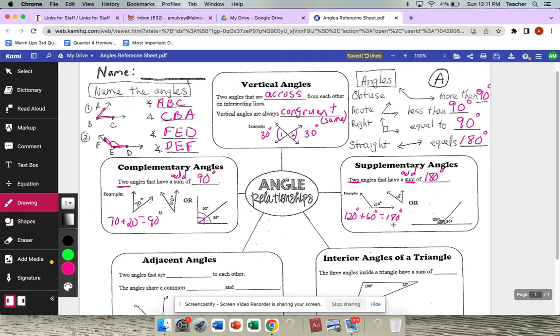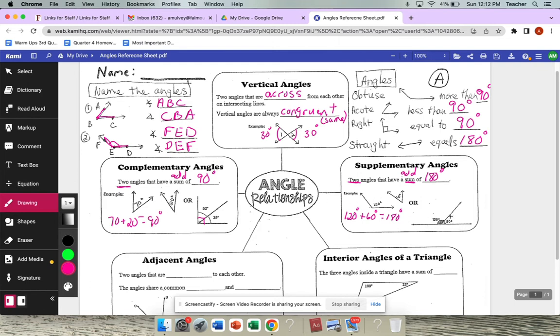Now, it can't equal 181 or 179.5. It has to equal exactly 180. Same with complementary. It can't be 90.2. It has to be exactly 90 degrees. If they don't add up to 90 or they don't add up to 180, then they're just two angles, they're not supplementary, and they're not complementary.